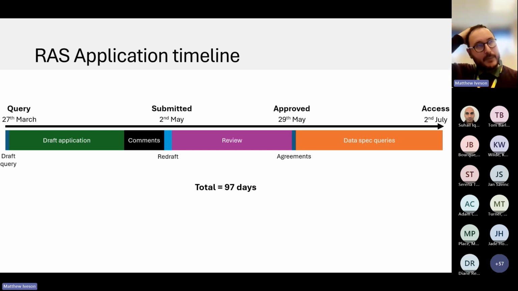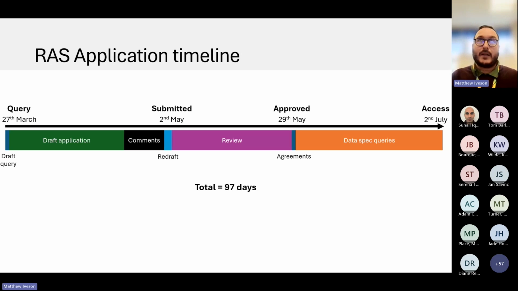A little bit about the timeline. So I submitted my inquiry form at the end of March. It took a few days for that to come back and say, you're invited to submit a full application. I spent a bit of time drafting an application, roughly about a month.